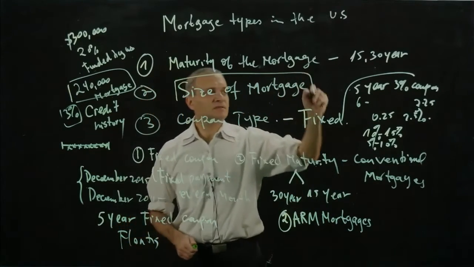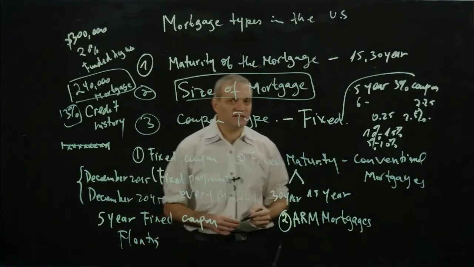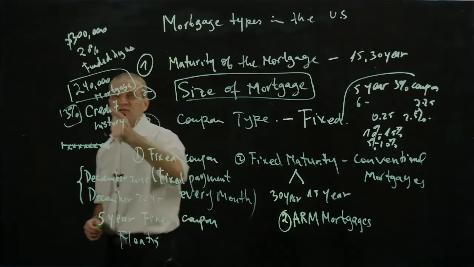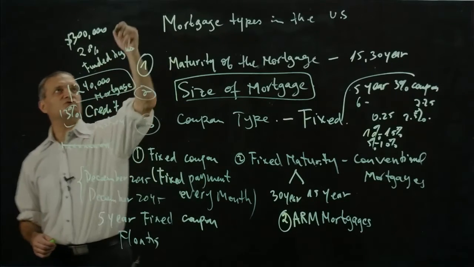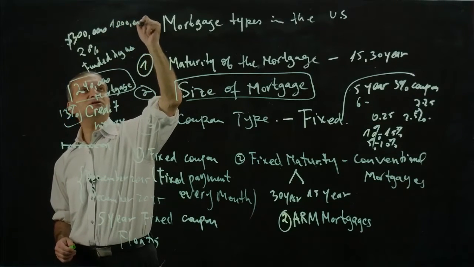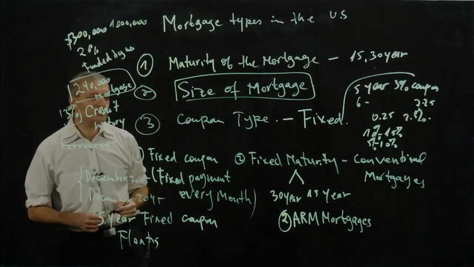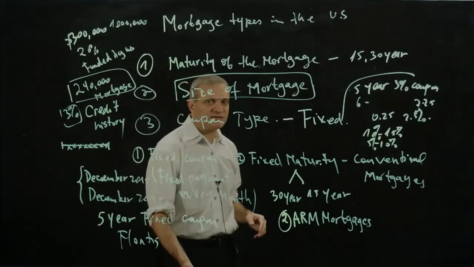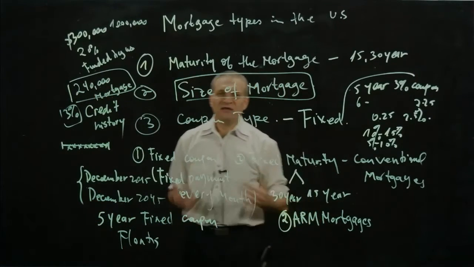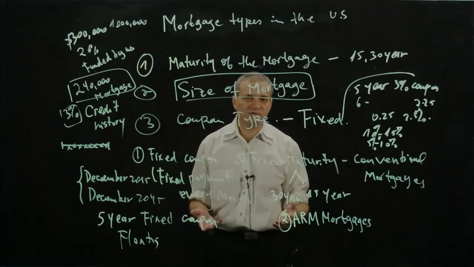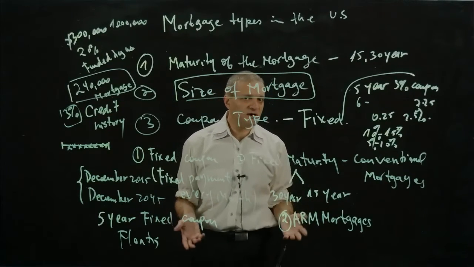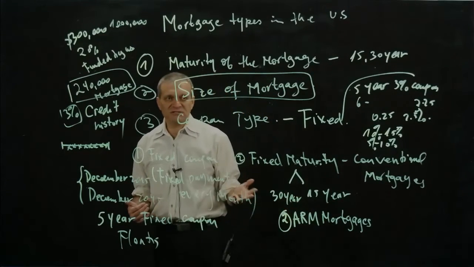Okay. Now, one thing that we want to say is the size of the mortgage. The size of the mortgage matters, whether you are going to get a $240,000 mortgage or a $1 million mortgage. We have this saying: if you owe the bank $10, you have a problem. But if you owe the bank $2 million, the bank has a problem.